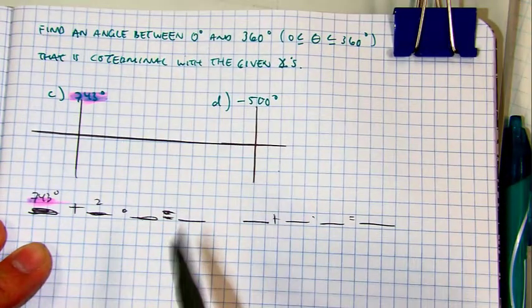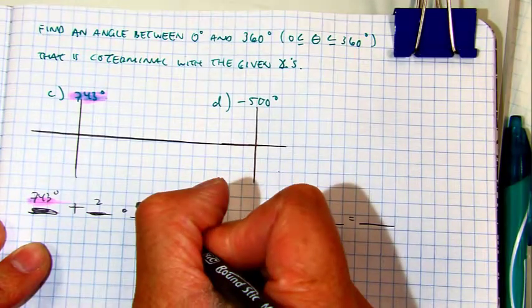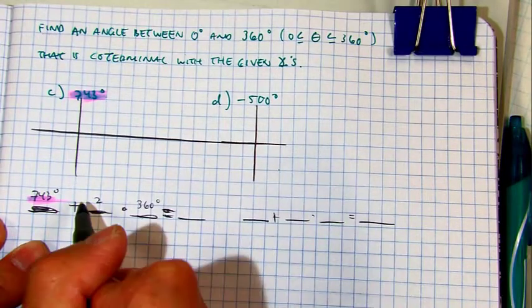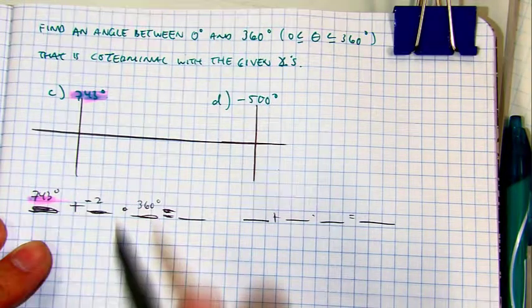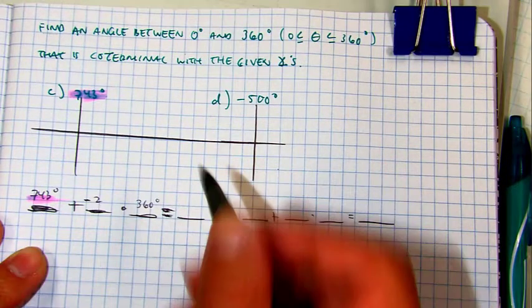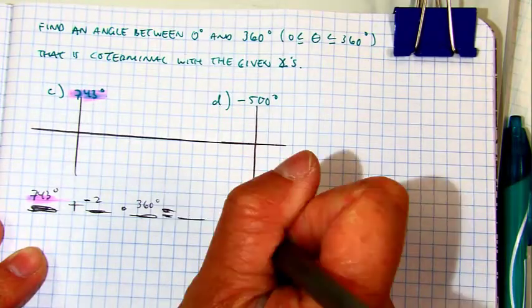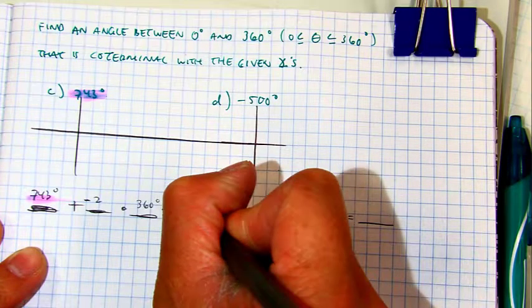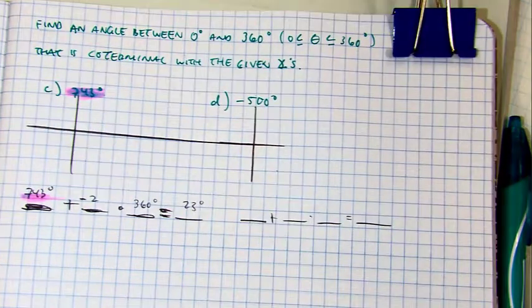Degrees or radians? Question. The rotations, are they going to be positive or negative? Yep. So 743 minus 720, and your answer? 23 degrees. Raise your hand if you got that.